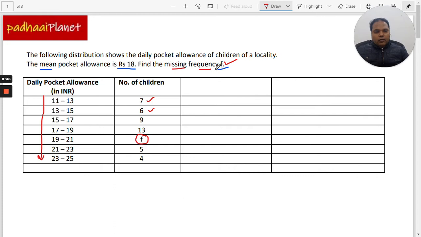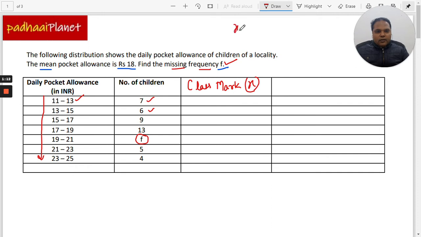As a first step, we'll need to find the class mark for each of the class intervals, and let's do that. As I had told in my earlier videos, we need to sum up both the limits, the lower limit and the upper limit.